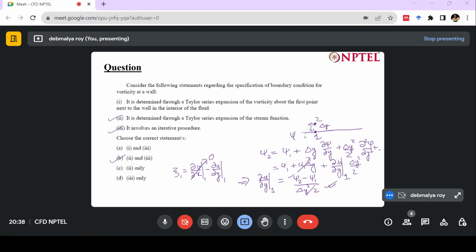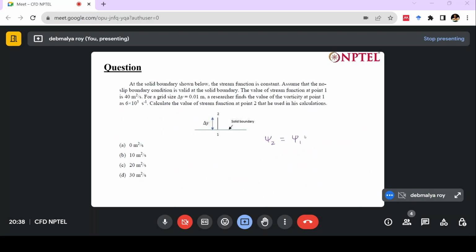minus, so psi 1 is 40 minus this is 6 into 5 into 10 to the minus 4 by 2.